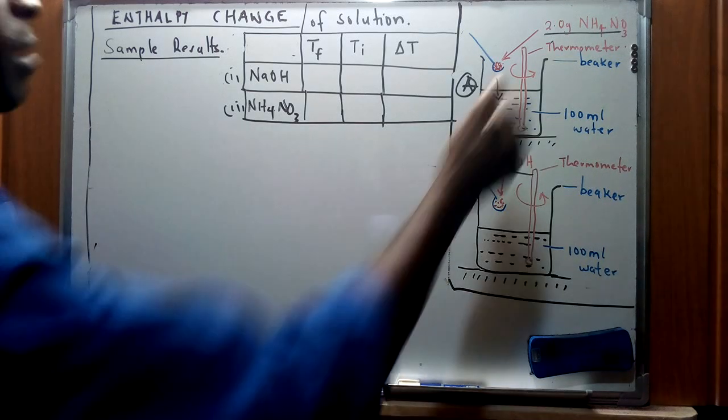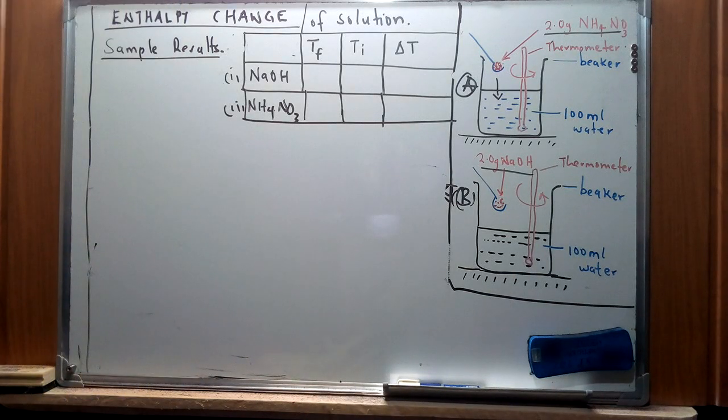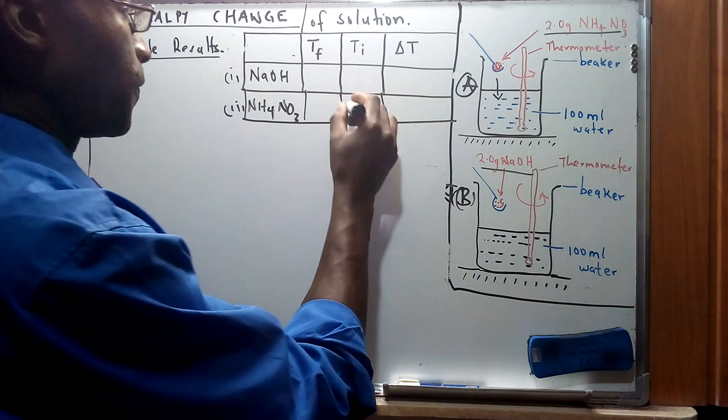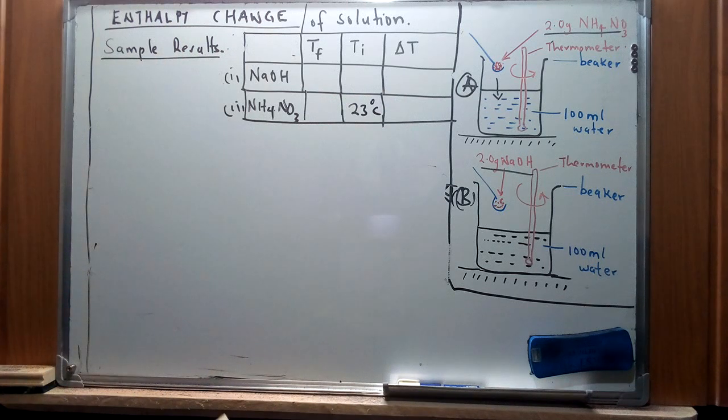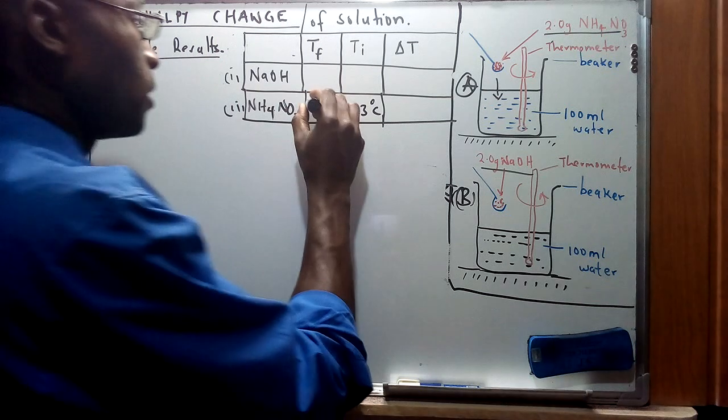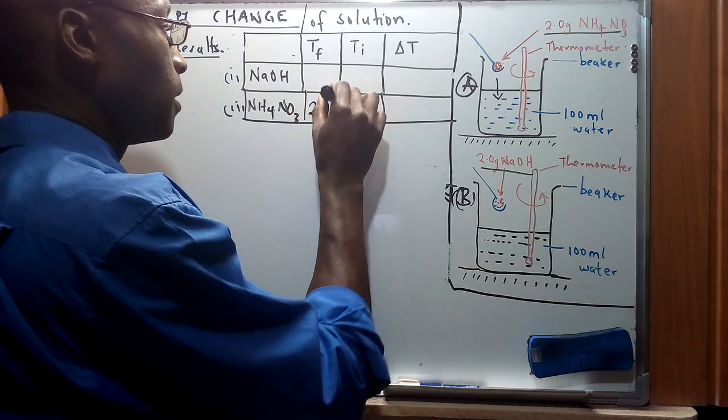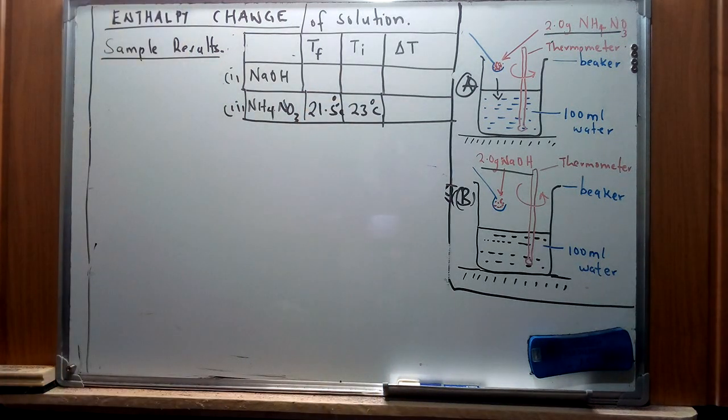And in this case, for ammonium nitrate, when 2 grams were dissolved, the initial temperature reading was 23 degrees centigrade. Now that is for ammonium nitrate, and after dissolving that and stirring it with the thermometer, the final temperature was recorded to be 21.5 degrees centigrade.